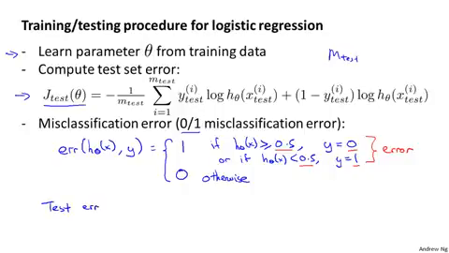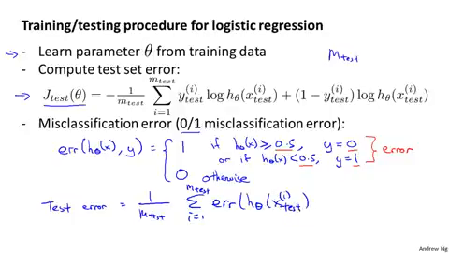We could then define the test error using the misclassification error metric to be 1 over M test of the sum from i equals 1 to M subscript test of the error of h of x i test, comma y i test. And so that's just my way of writing out that this is exactly the fraction of the examples in my test set that my hypothesis has mislabeled.